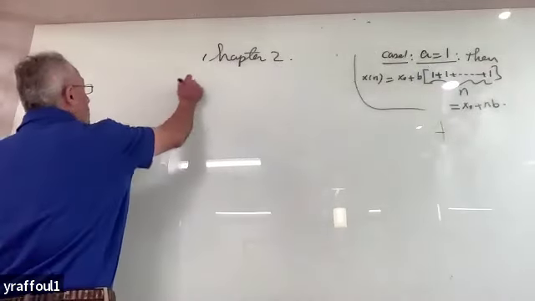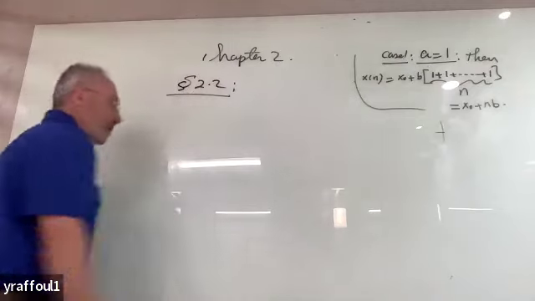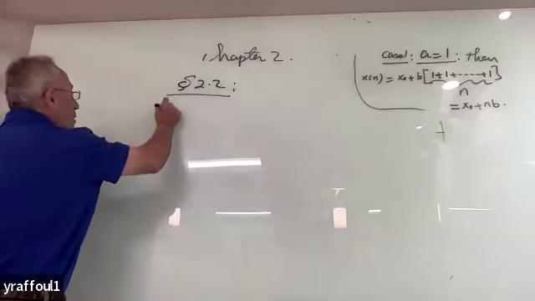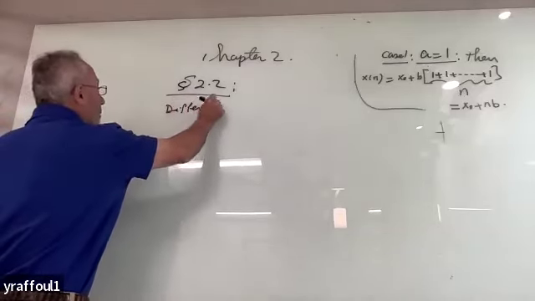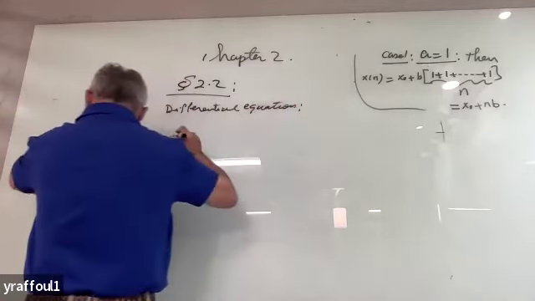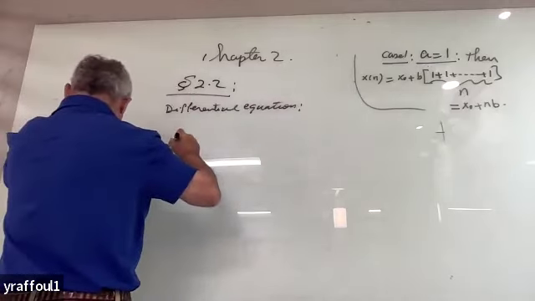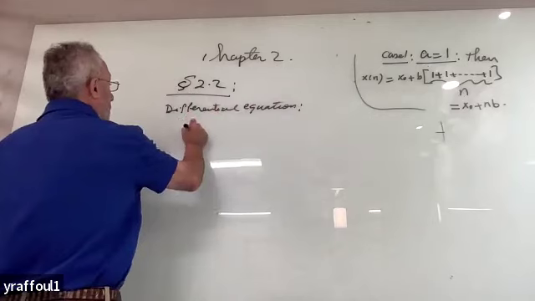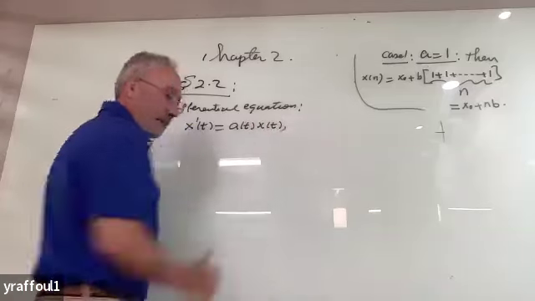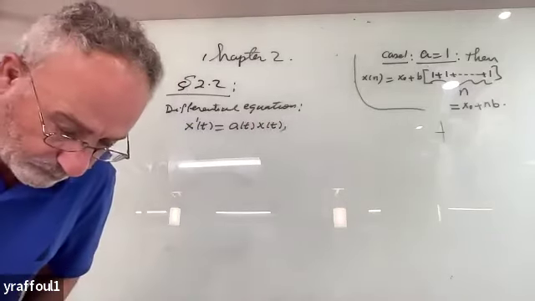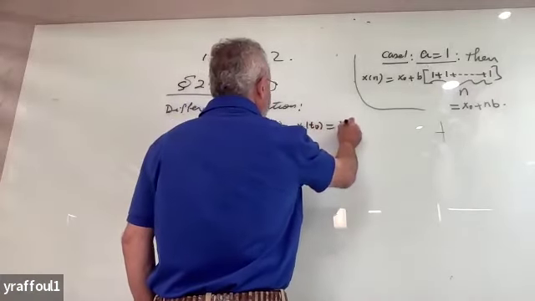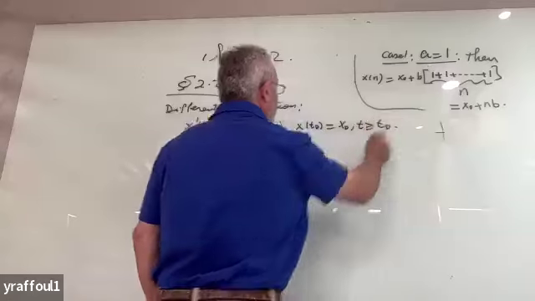All right, now we're going to take a look at section 2.2. Again, in differential equations, we had x prime of t equals a(t) x of t, with x(t0) equal to x0, for t bigger or equal to t0.